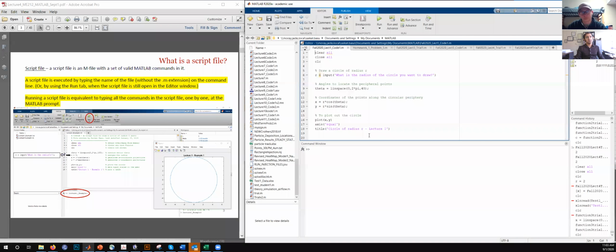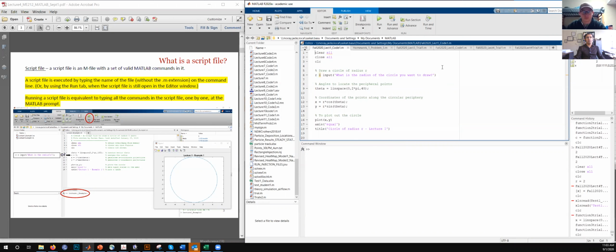This is a typical example of a script file where you have certain input parameters and you are trying to calculate something. But instead of running the calculations on the command window, where you have to type every single time you have to redo the calculation, the script file gives a nice way to set up a file that can repeat the calculation whenever you want.